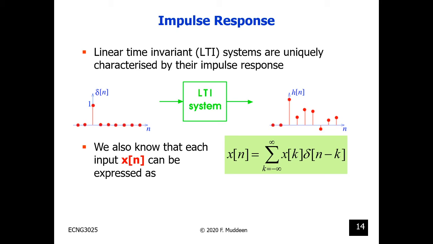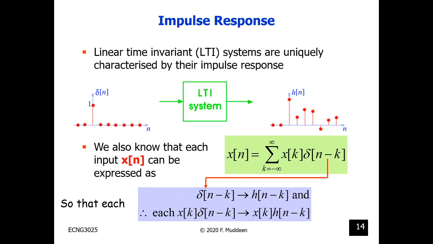If we use our sifting property here and we try to extract out the x of n signal for any impulse response, basically what happens here is that instead of x of k being multiplied by delta of n minus k, delta of n minus k here is replaced by h of n minus k. H of n here is the original h of n signal, and then we delay this accordingly by h of n minus k.